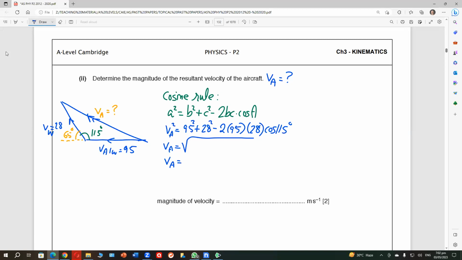I'm getting 47.4, after taking the square root, right? But how can it be less than 95? No, I made one mistake.